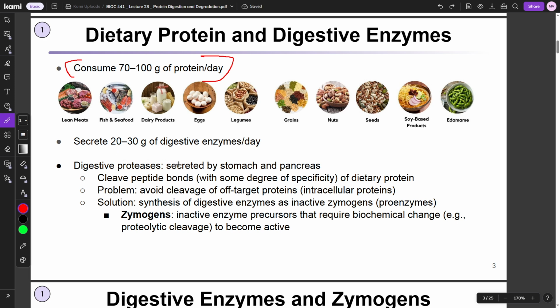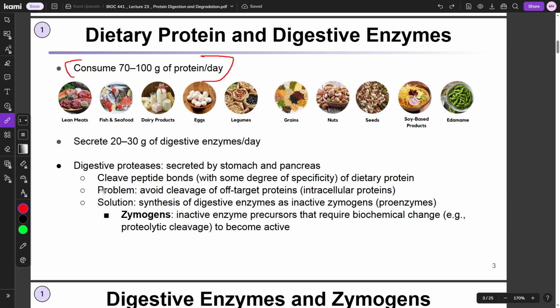So we have digestive proteases. These are secreted by the stomach and the pancreas. They cleave peptide bonds between dietary proteins, and they avoid cleavage of the off-target proteins, so intracellular proteins. The solution to this is to make inactive forms of these proteins.